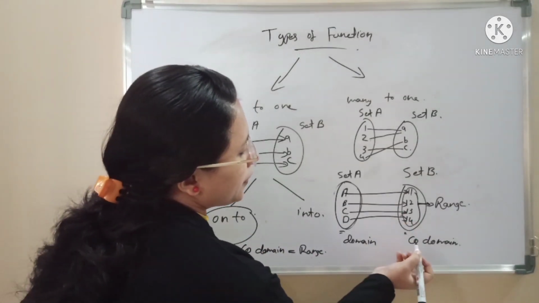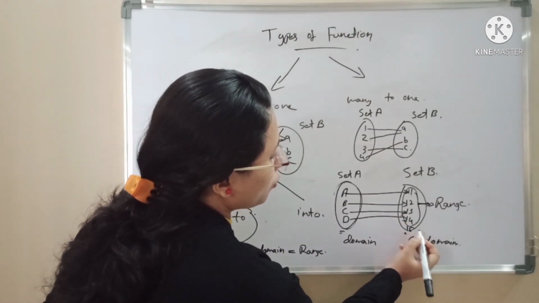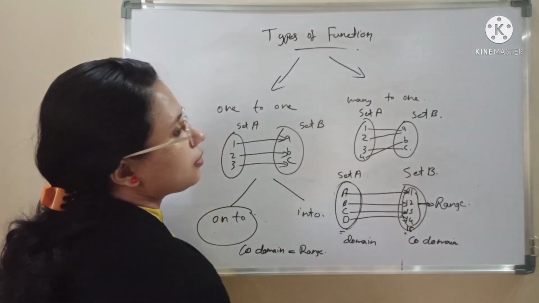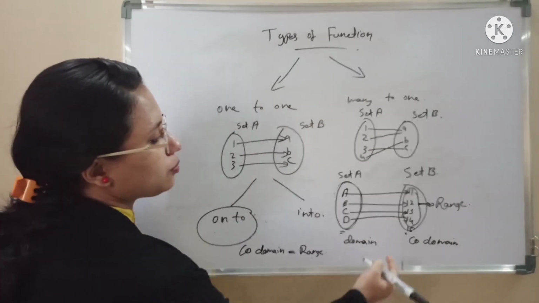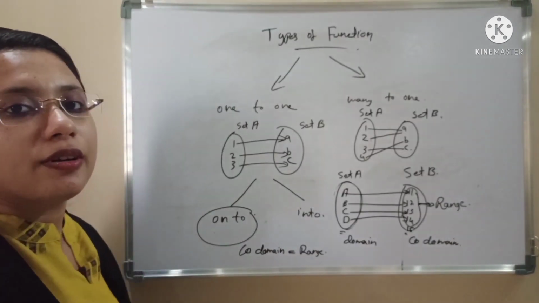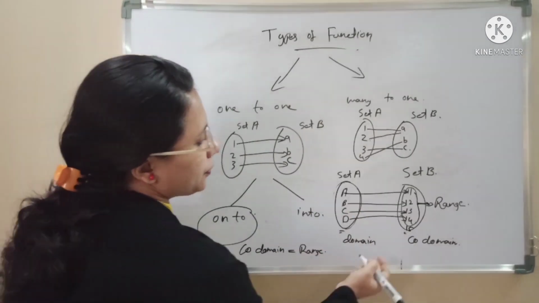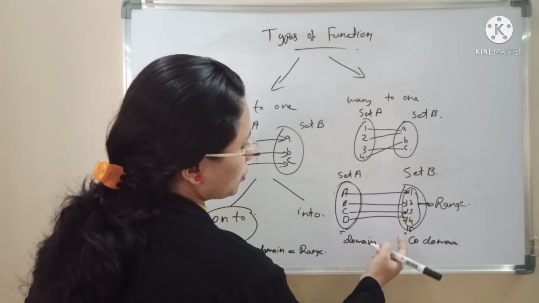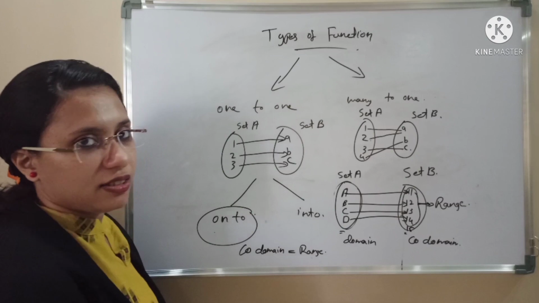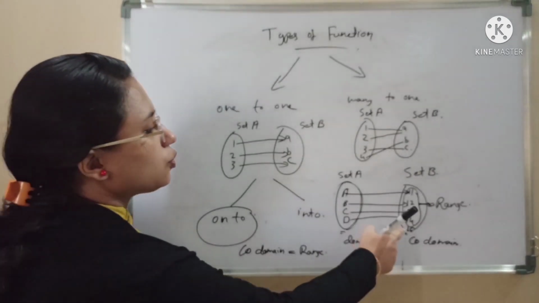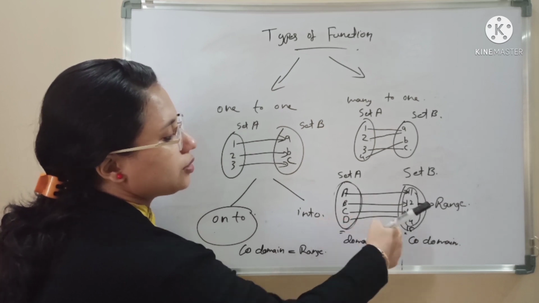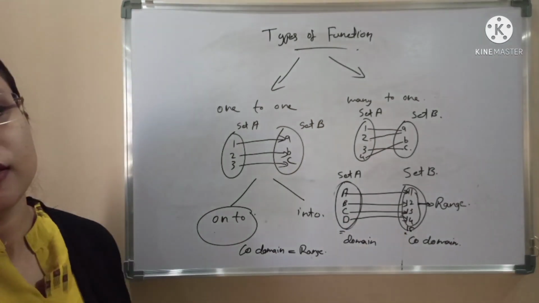And into means just the opposite. That means if I have more than 4 elements, more than the limit of the range here, that is, I have 15. Suppose I have one more element, 15, in excess here, but there is no relation between a set A element and 15.